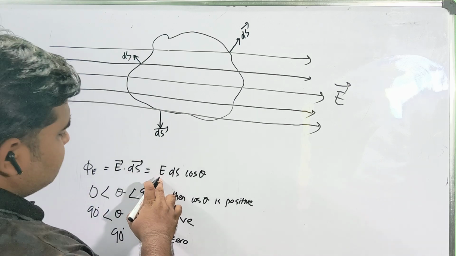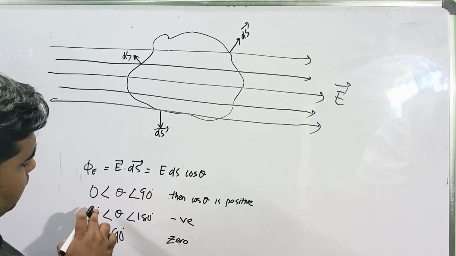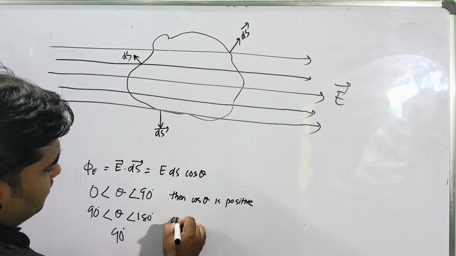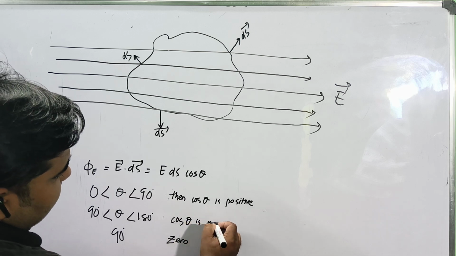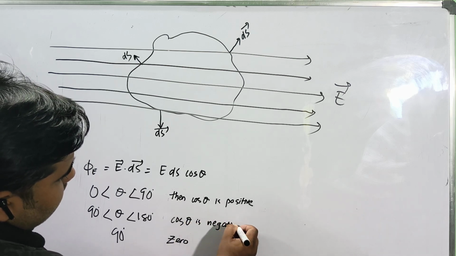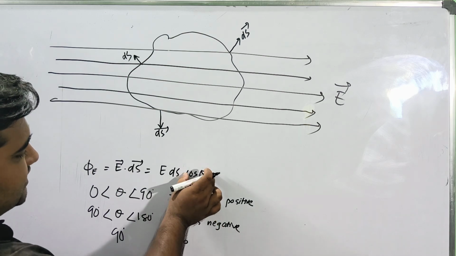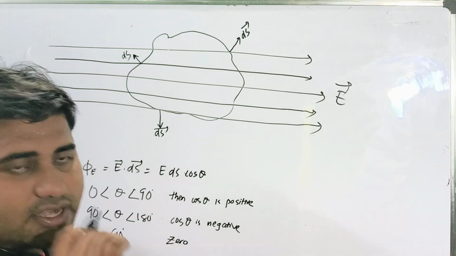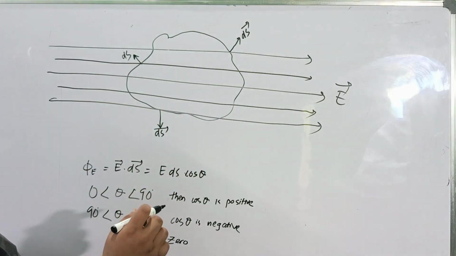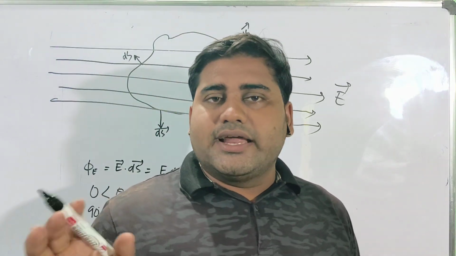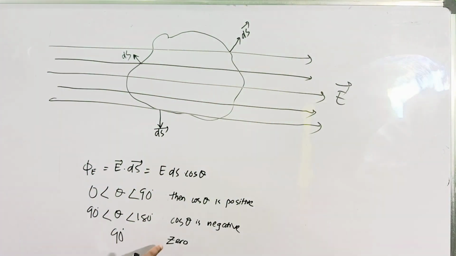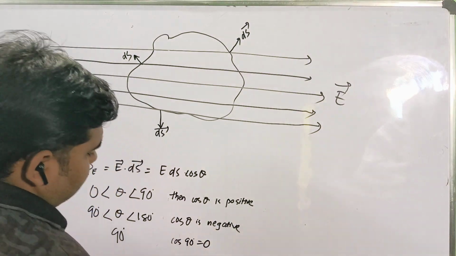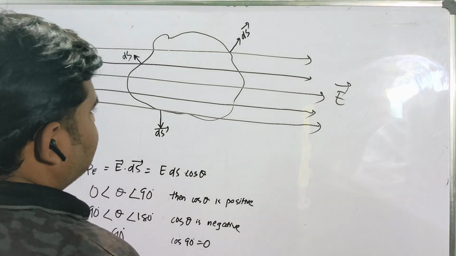Now, if E is positive, ds is positive, and for theta between 90 degrees and 180 degrees, cos theta is negative. Then the total term is negative, so you can say it is negative flux. And now if it is 90 degrees, then cos 90 is equal to 0, then flux is 0.